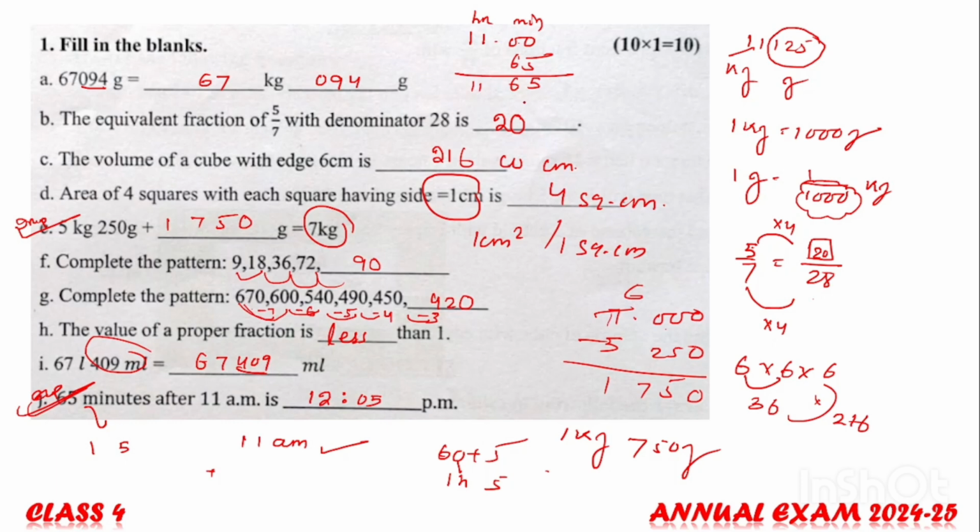But we know that 65 minutes does not exist, because only up to 59 minutes exist. That's why we subtract 60, so minus 60 and plus 1. So 65 minus 60 is 5, and 11 plus 1 is 12. So 12:05. Okay, next question.